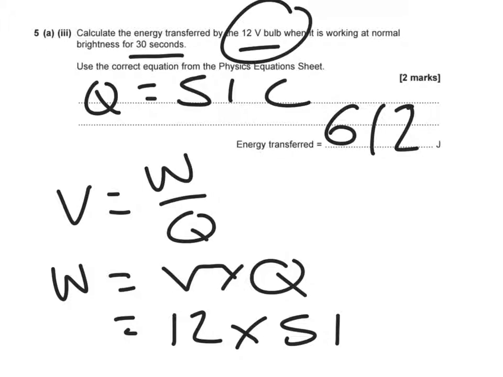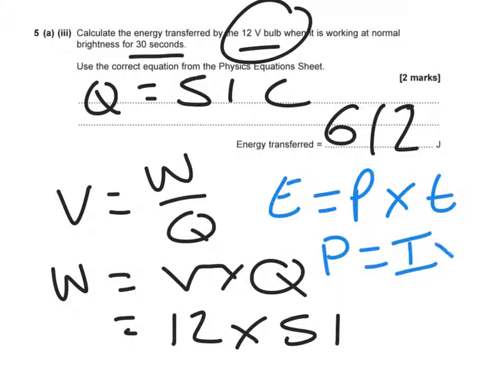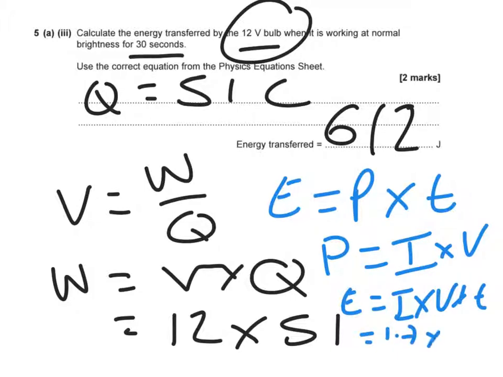An alternative method, if you're interested, is to use that energy is power times time. Energy equals power times time, where power equals I times V. So that gives us that energy equals I times V times T. I in the first one was 1.7 multiplied by our 12 multiplied by our 30.